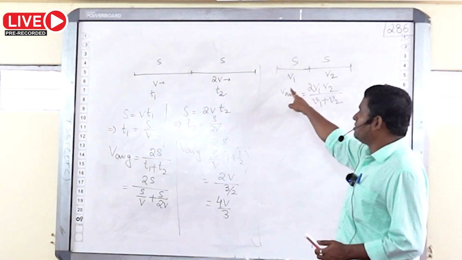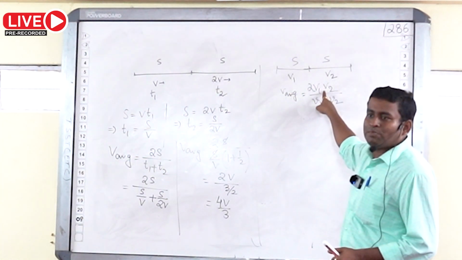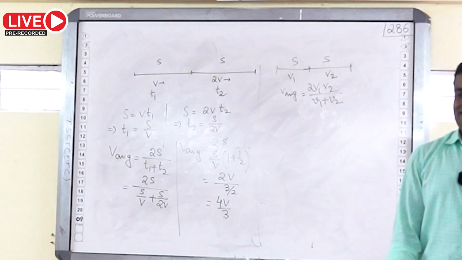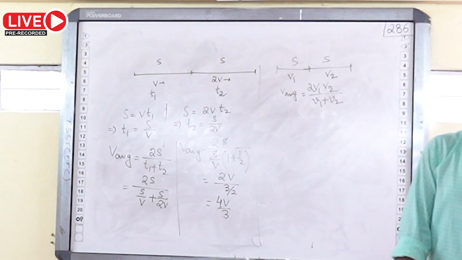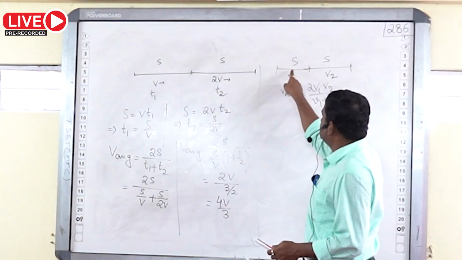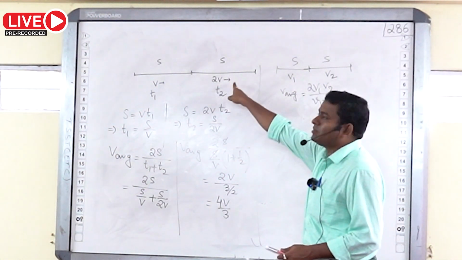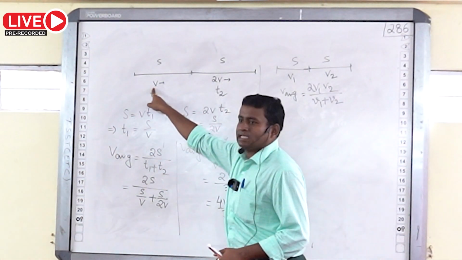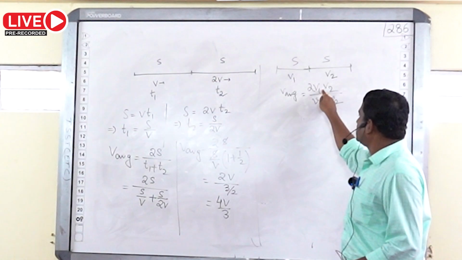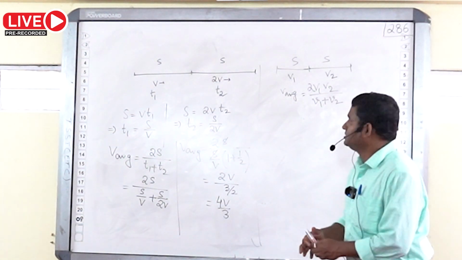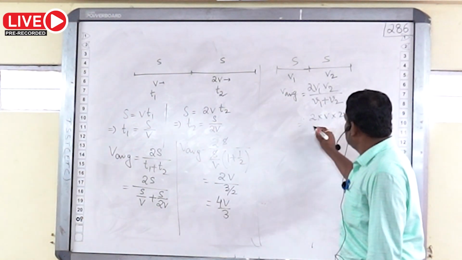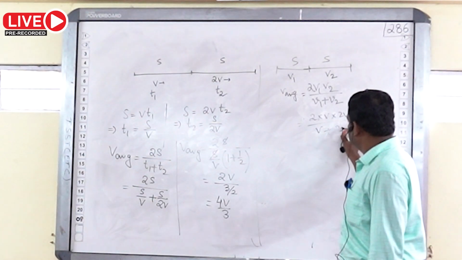In place of v1, I will put v, and in place of v2, I will put 2v. I will get the same result. Again, this is the general formula. See, distances are equal, so this formula is applicable for this problem. What is v1 in this case? V. What is v2 in this case? 2v. So just put here and you will get the same result. See, it is 2 into v1 means v, v2 means 2v divided by v1 plus 2v.